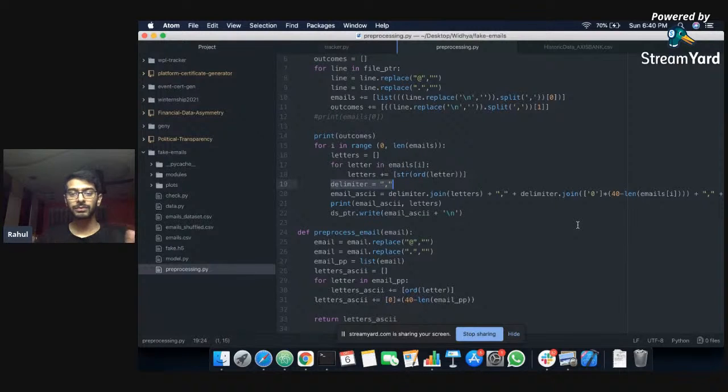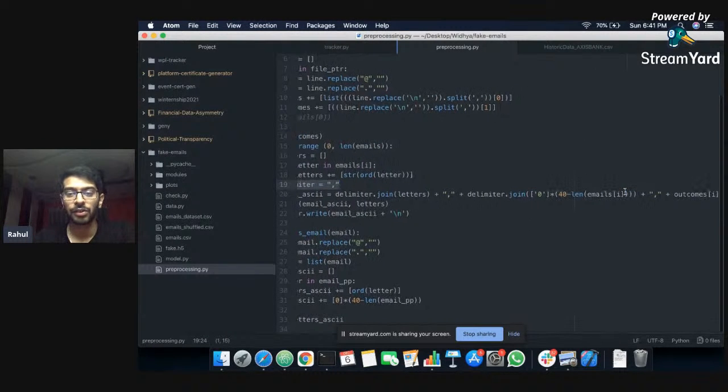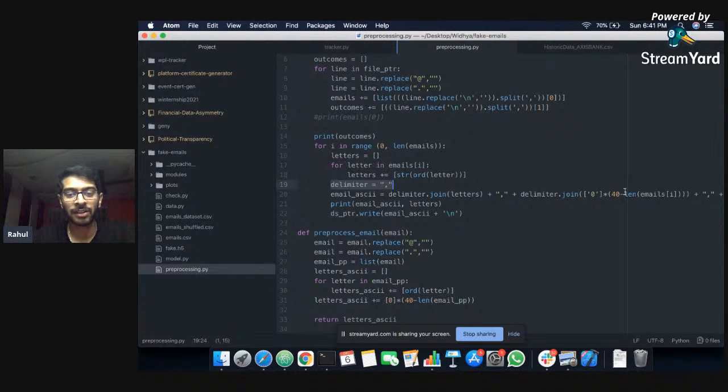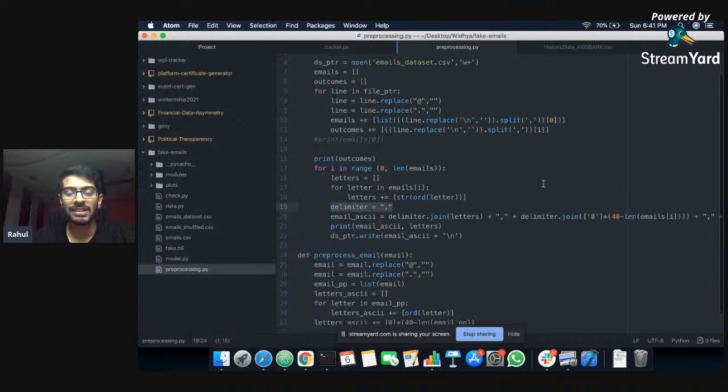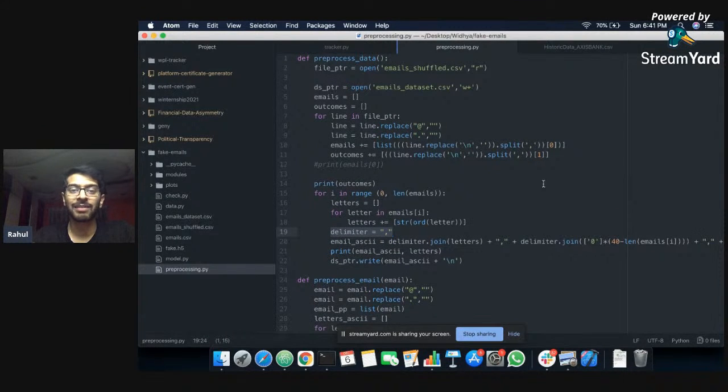So in case it's less than 40 characters, we still fill these columns for that particular row with certain values, and the value we're filling it with is zero. We need to take care of that as well, right? All of these things basically come under pre-processing and feature engineering.